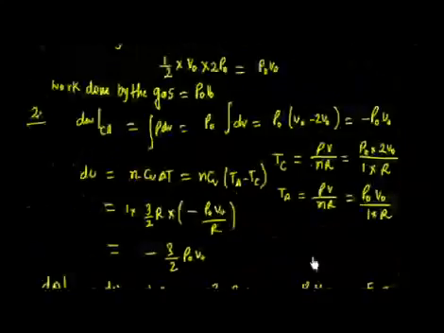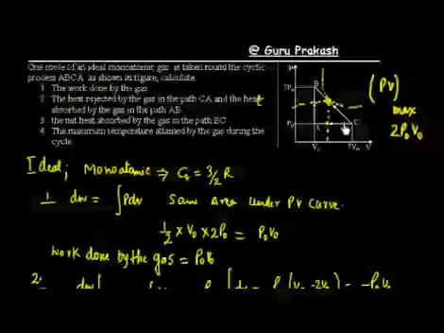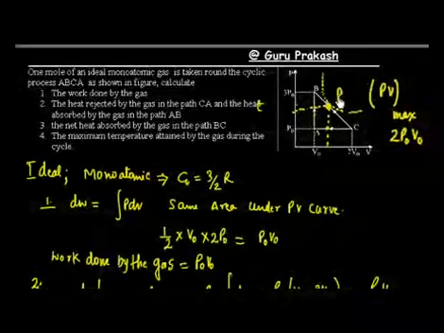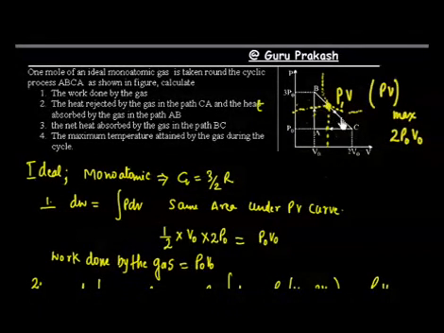You see, we have to find the equation for this process. So what is the equation of BC? Let us say at any point I have pressure P and volume V. So I can write the equation of this line, and it is simple. What is the slope of this line?